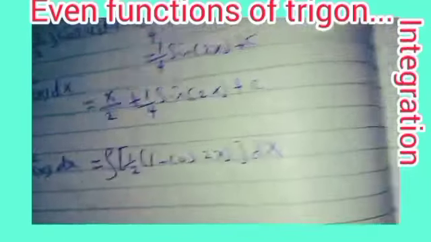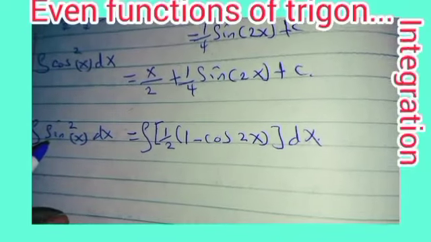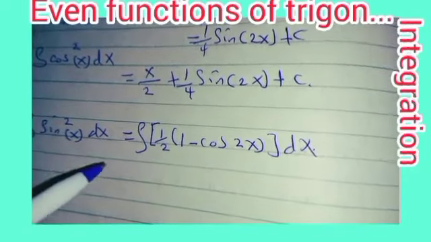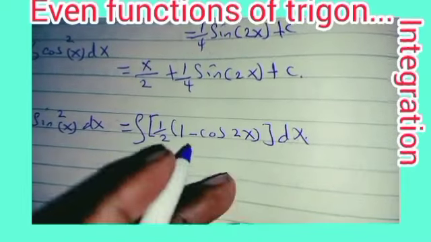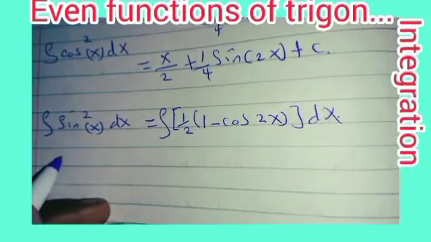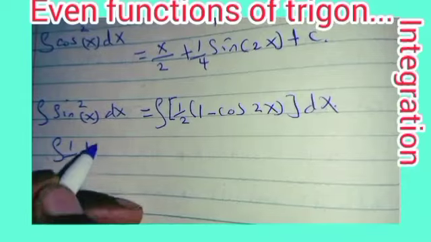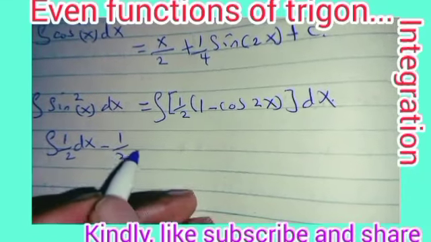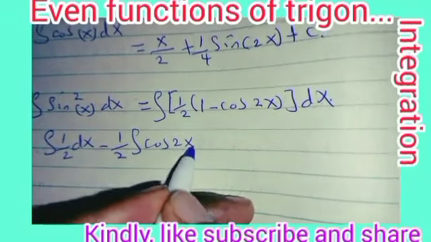Now, there is a video tutorial which I have given on how to transform the angles of sine squared x and cos squared x. So you can check that to see how these are transformed. Here we distribute the integral sign and the dx inside to get integral of half dx minus half integral of cos 2x dx.